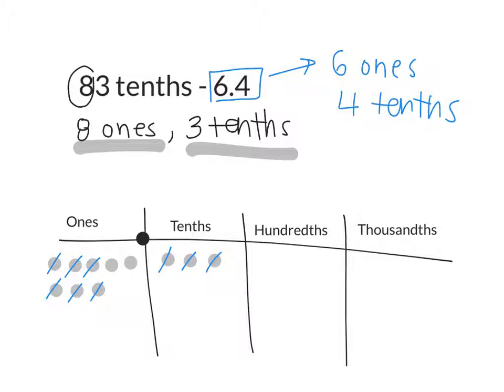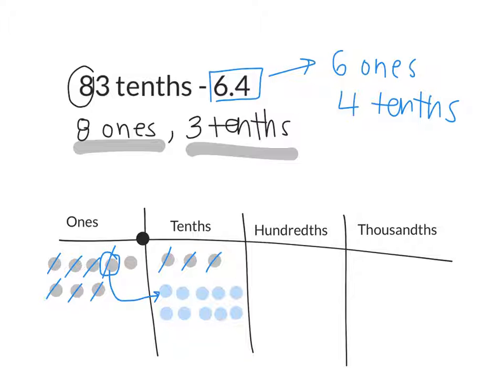We need to regroup. I know that I can take one of these ones, and that becomes how many tenths? 10, right? So 1, 2, 3, 4, 5, 6, 7, 8, 9, 10. Do you see that? So does this one still exist? No, right? Okay, so then I've crossed out 3 tenths. 1, 2, 3.